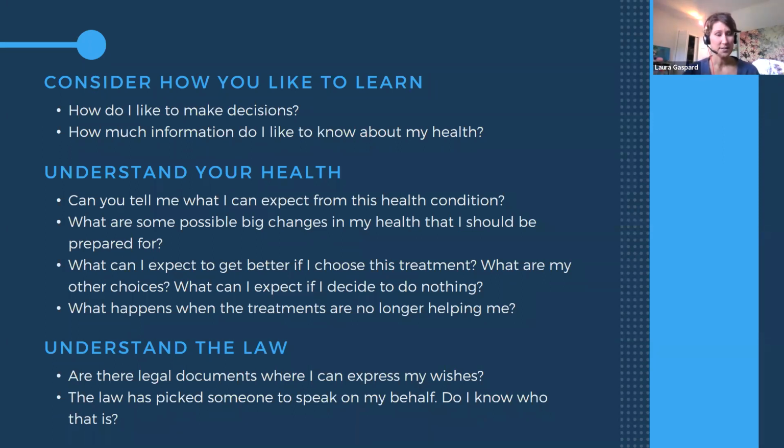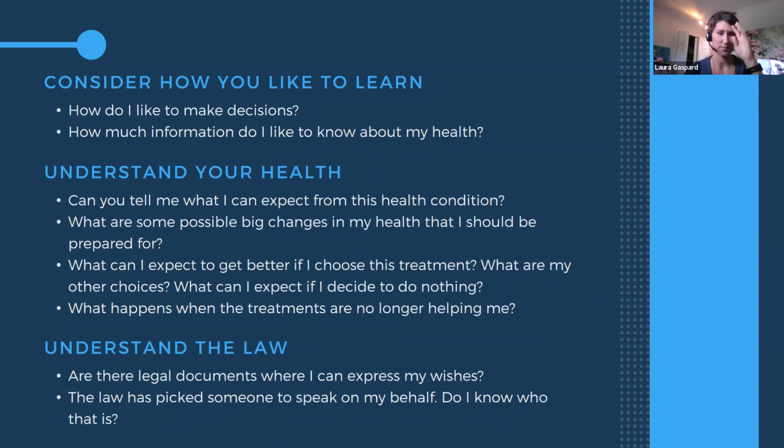And then the last piece is around the law. So this is mostly to do with the legal decision maker, so the spokesperson, and Sherry will go into more detail about this in the next section. But understanding, okay, what legal documents are there and available for me? Which ones do I need to go to a lawyer for?